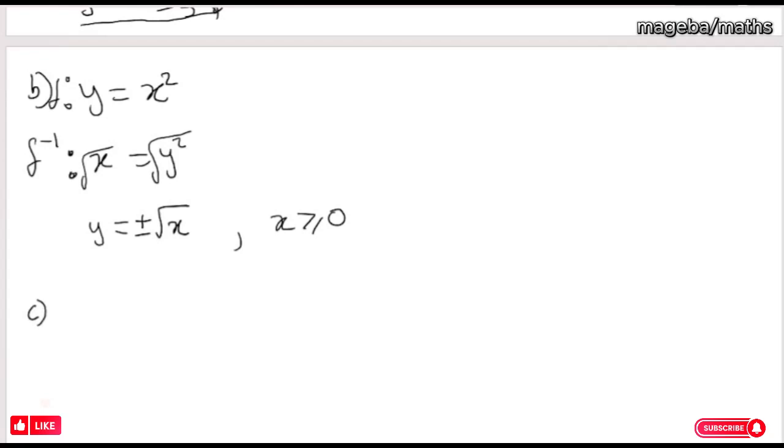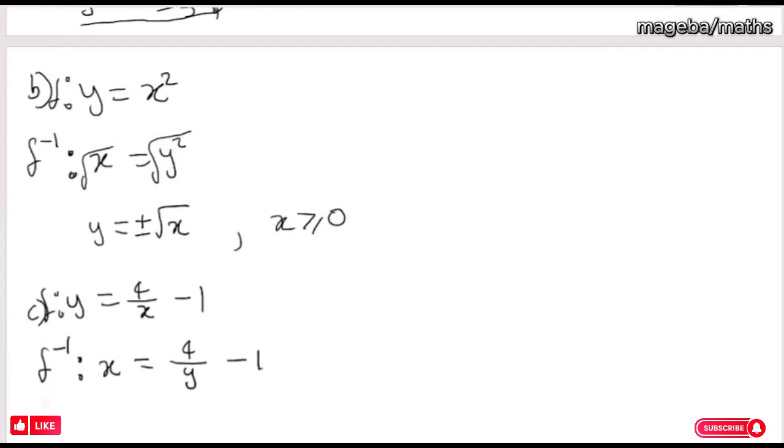And then now C. Our C was y is equal to 4 all over x and then -1. Remember this was f(x). Now doing our inverse is very important: interchange the x and y. So this y is going to become x, equals 4 over y and then -1.